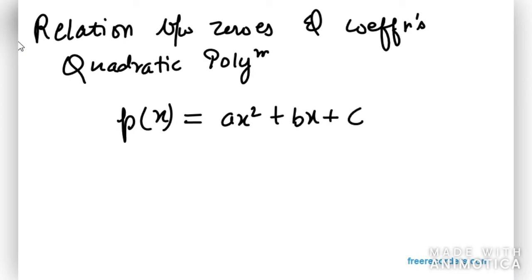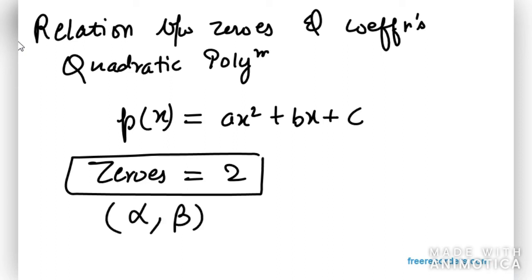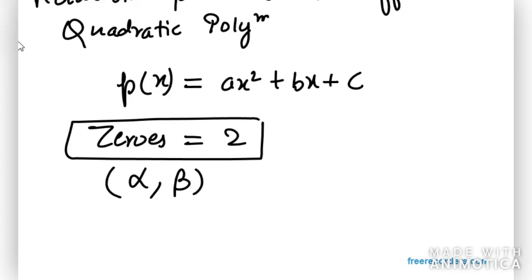Now in this case we have two zeros. Why two zeros? Because it has a degree of 2. So therefore the number of zeros we have here is 2. Now let us suppose that zeros are alpha and beta.